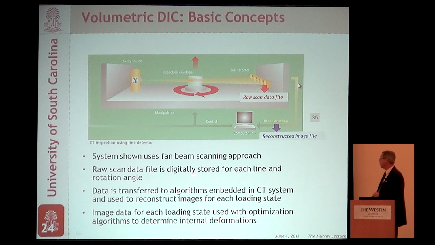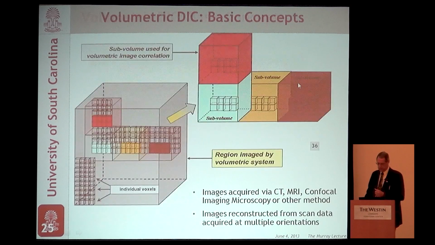The raw data is stored for each line and rotation angle, and that's transferred to some sort of a reconstruction algorithm that converts those individual scans into reconstructed volumetric images. Those images are then compared before and after deformation on volume, inside as well as near the surface. This approach, Brian Bay showed, works really well.